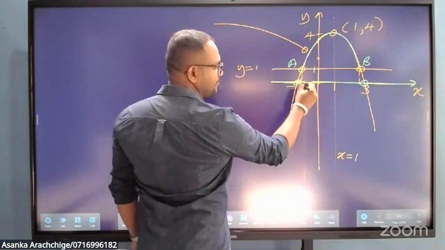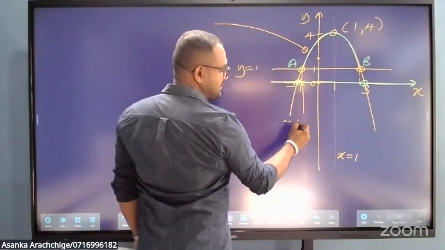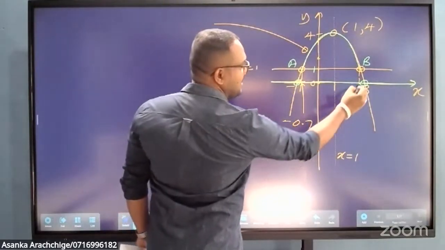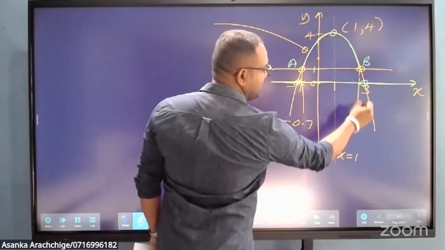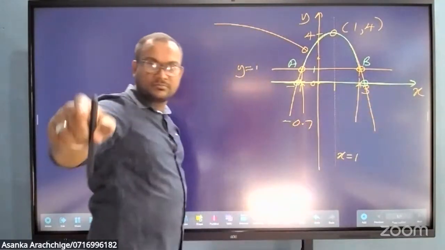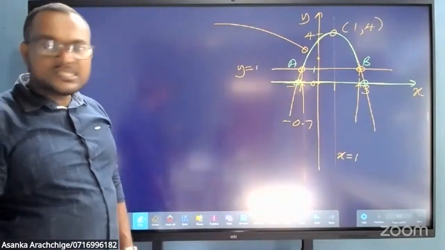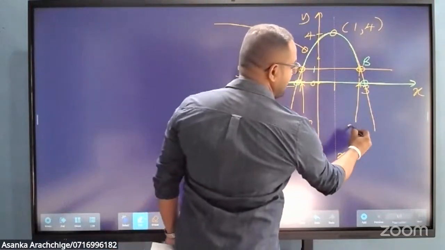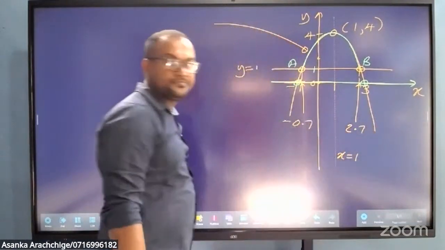Then it is minus 0.7, and this one here, what is it? 2.7, this must be plus 2.7.